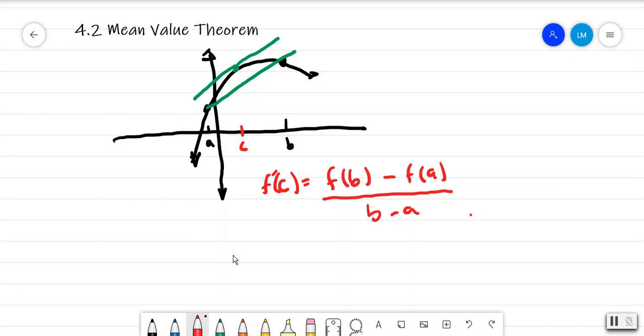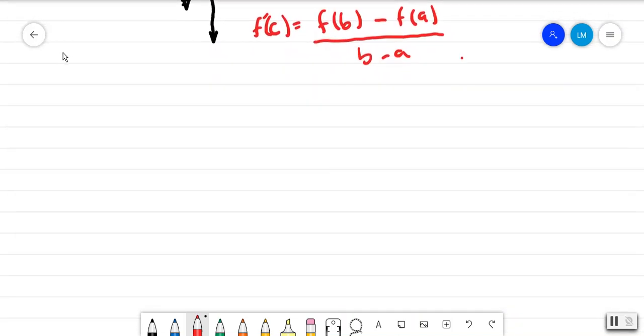So let's look at an example. Let's say that we have f of x is equal to x squared plus 1, and we're going to look at it on the open interval from 1 to 3.